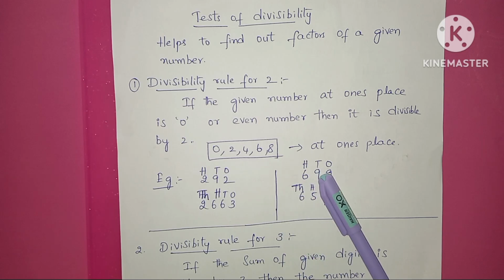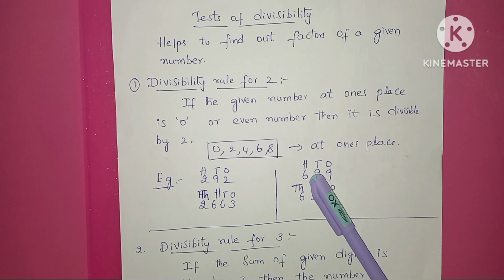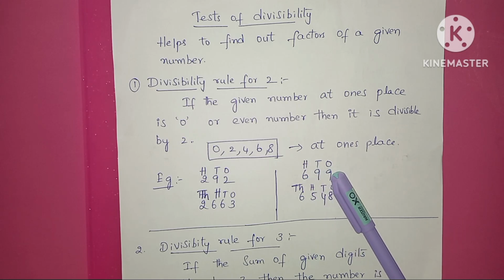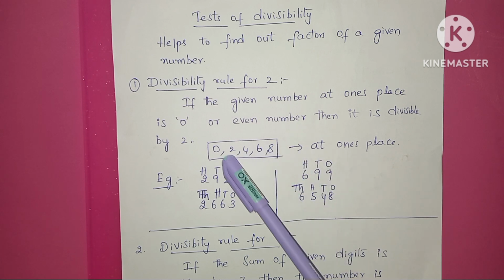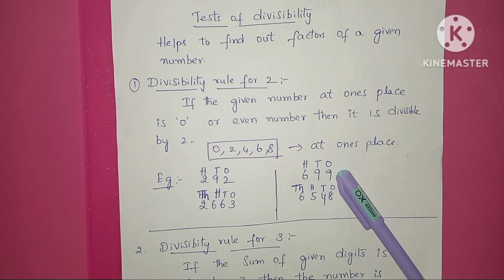Another example is 699. The ones place is 9, tens place is 9, and hundreds place is 6. The ones place 9 is not in this set, so this number is not divisible by 2.